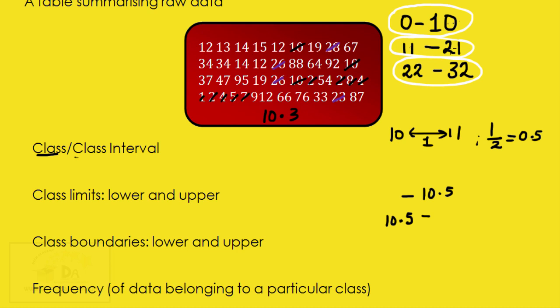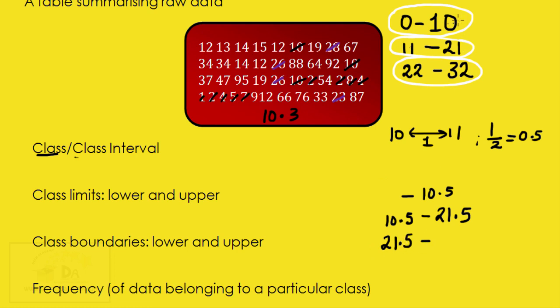Dividing 1 by 2 gives 0.5. So I'm going to add 0.5 to this upper class limit to give 21.5, and subtract 0.5 from 22 to give 21.5 as well. 22 minus 0.5 is 21.5.